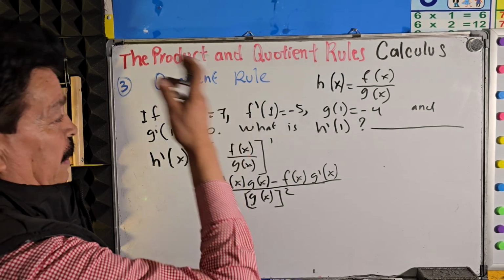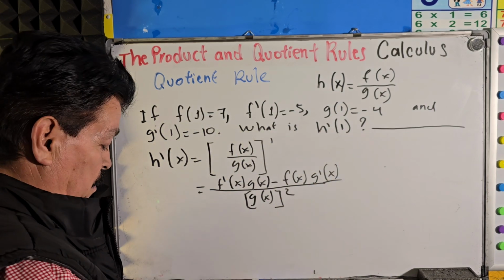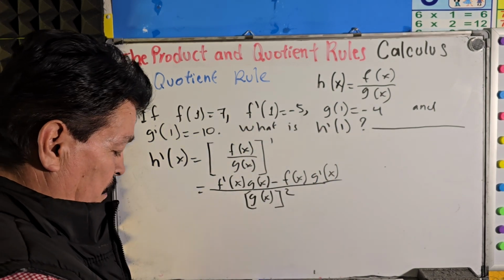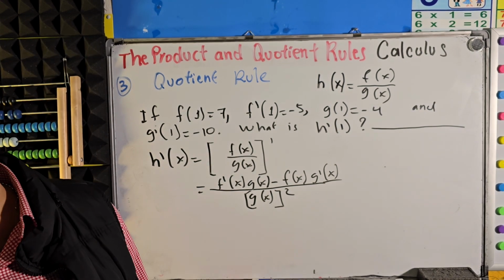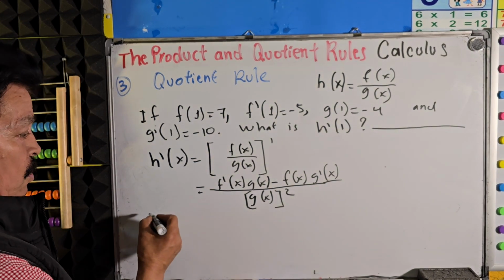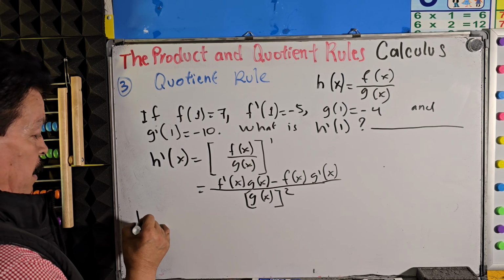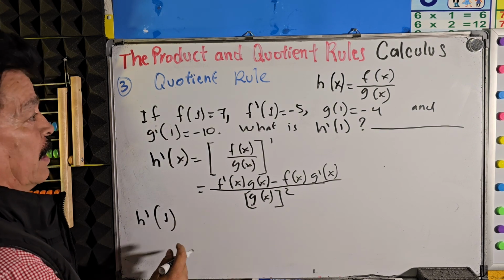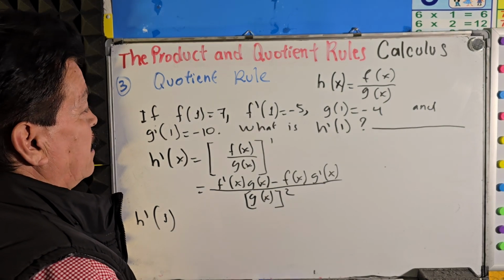Now we have to plug in all the information that we have right here. So just write h prime of 1. How much is x? x equals 1.